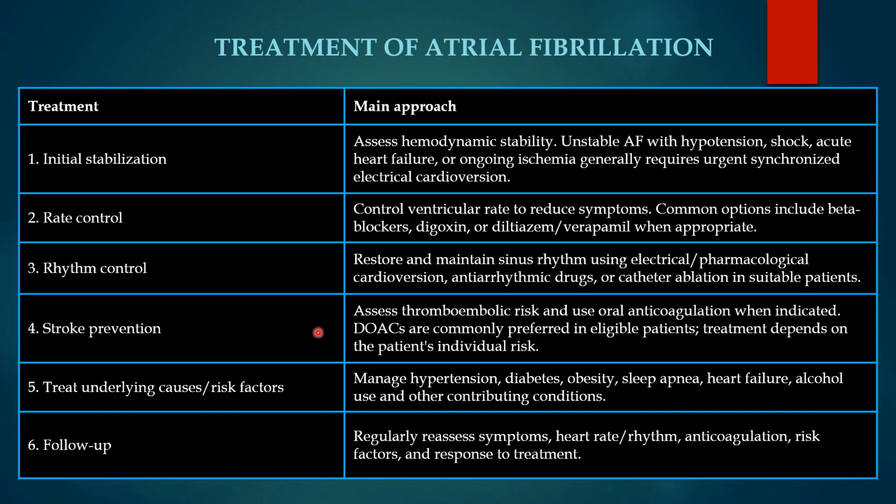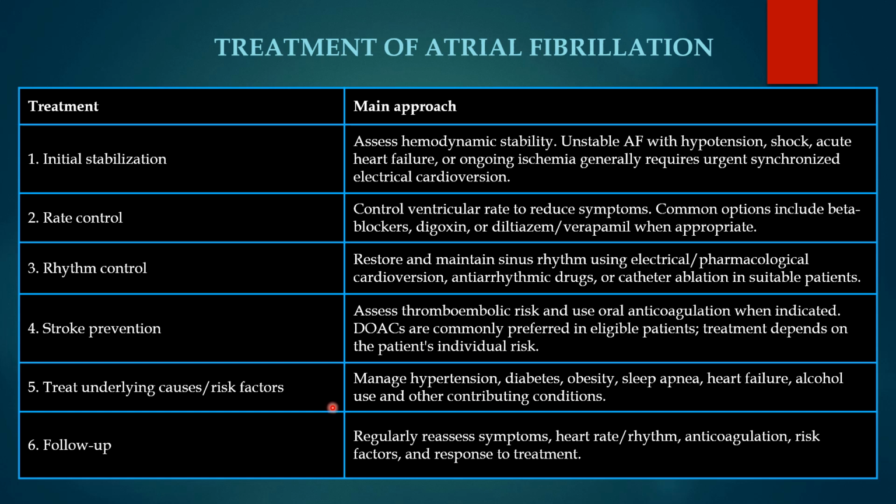Next comes stroke prevention. Assess the thromboembolic risk and use oral anticoagulation when indicated. Direct oral anticoagulants are commonly preferred in eligible patients, so the treatment depends upon the patient's individual risk. Next is to treat the underlying causes or risk factors.